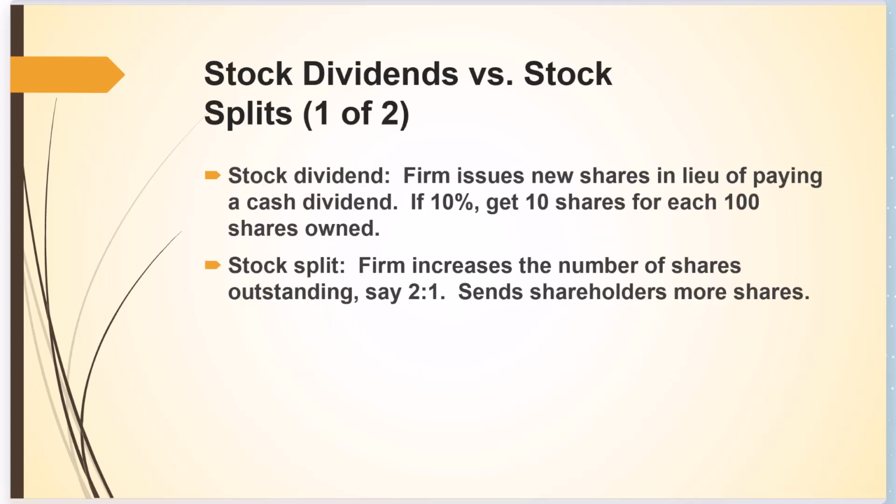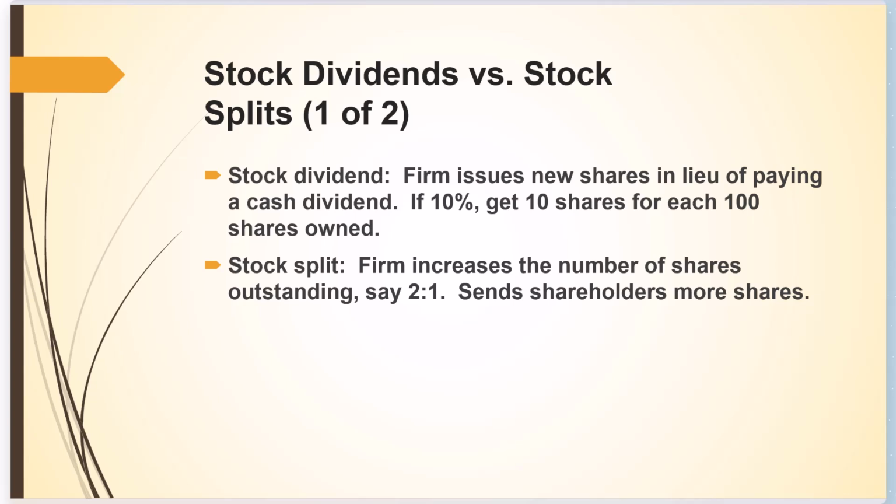Final topic of discussion really is what's referred to as stock dividends versus stock splits. Stock dividends is when a firm issues shares in lieu of paying a cash dividend. If you get 10%, you get 10 shares for every 100 shares you own.